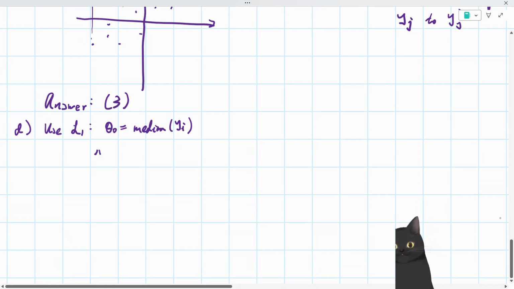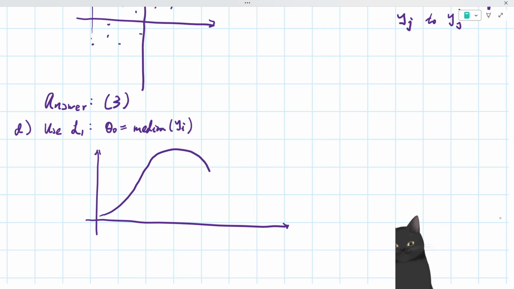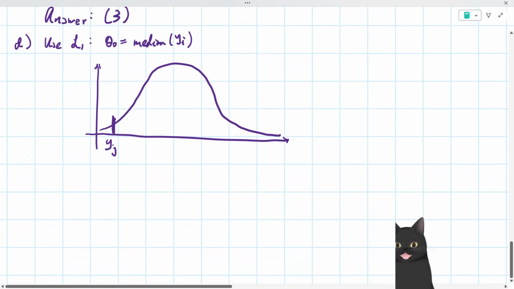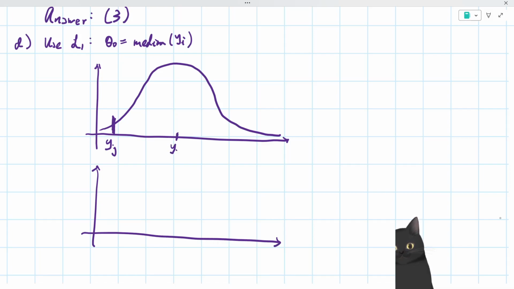Let's plot yi on a histogram, which is not going to look like a histogram because I'm not going to draw all the bars. And let's say that my original yj is here, or the change that I'm going to introduce for yj is here. I can increase yj to a really large number. Let's say that original median is here, which I'm going to call ym.